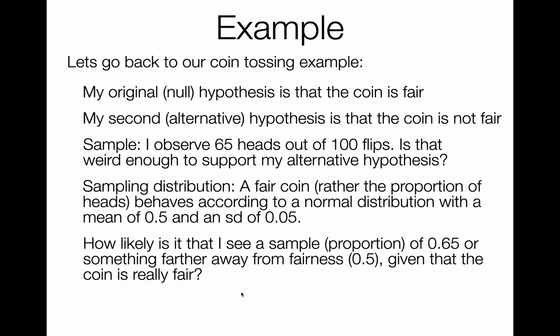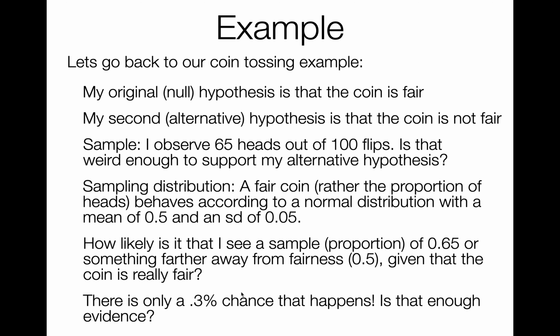So the question I'm asking is how likely is it that I see a sample proportion of 0.65, or even farther away from fairness, given that the coin is really fair. If you want to think in terms of StatCrunch, I'm finding the probability that p hat is greater than 0.65.